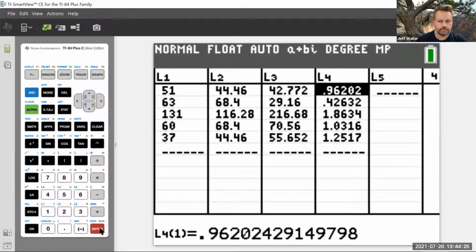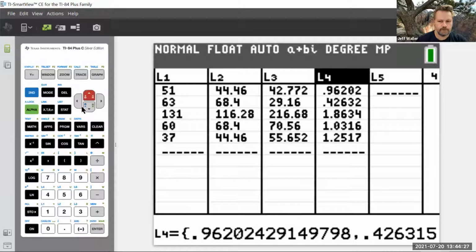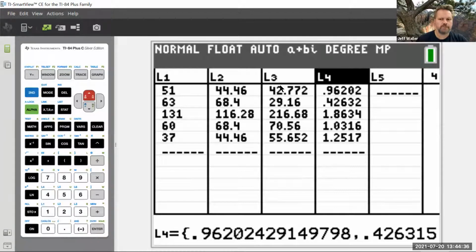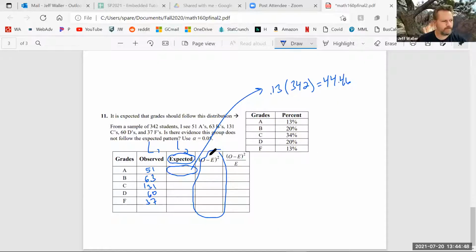What did you put for L4 again? So L4 has got to be observed minus expected squared, which is L3, right? Okay, so just L3 squared. No. L3 is already observed minus expected squared. Let me show you again. Right?